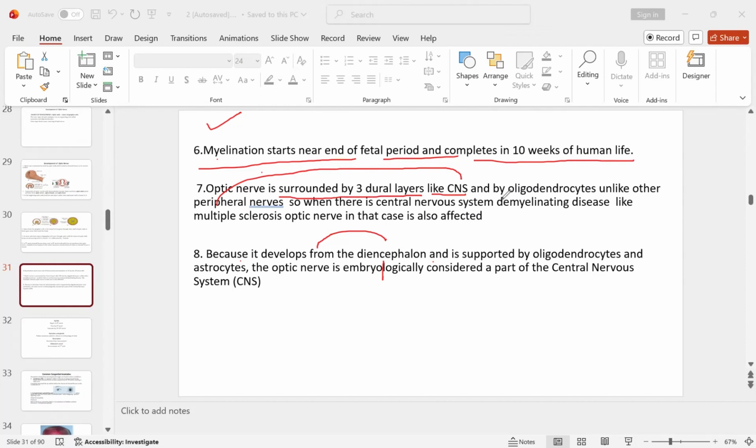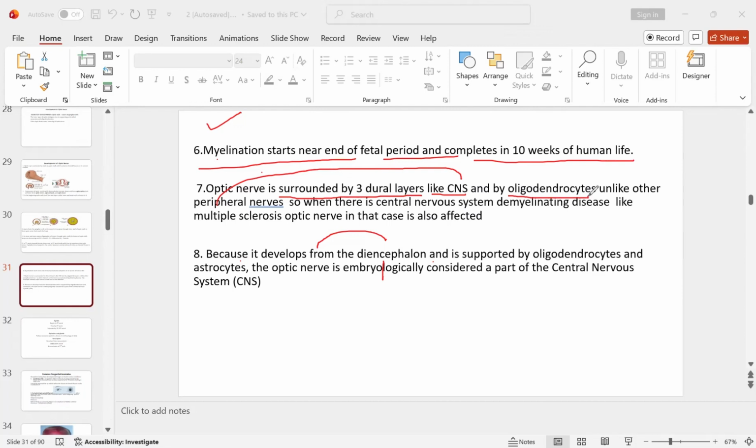The third characteristic is the presence of oligodendrocytes and astrocytes in the optic nerve. Oligodendrocytes and astrocytes are the glial cells of the central nervous system. Their presence in the optic nerve indicates that optic nerve is also a part of the central nervous system.